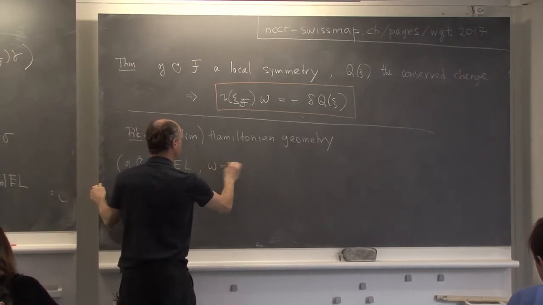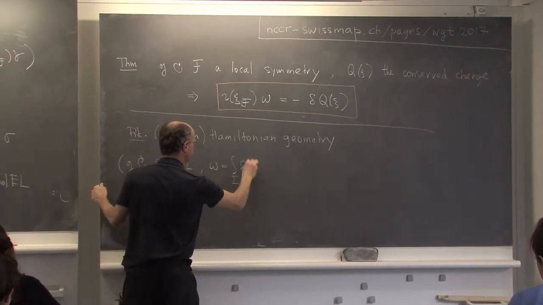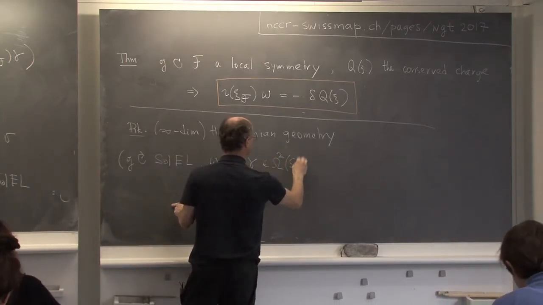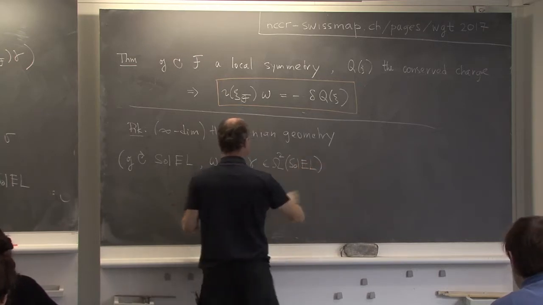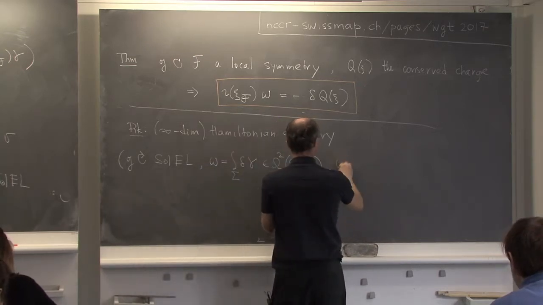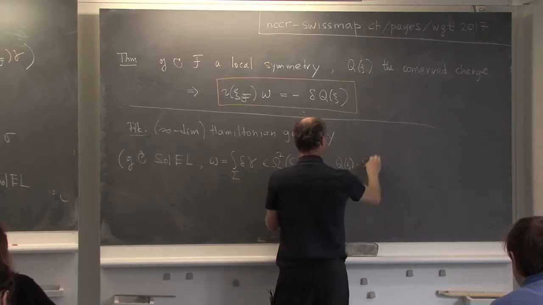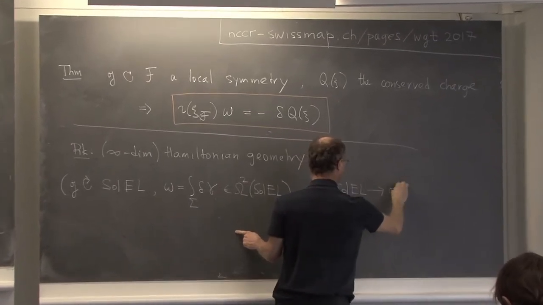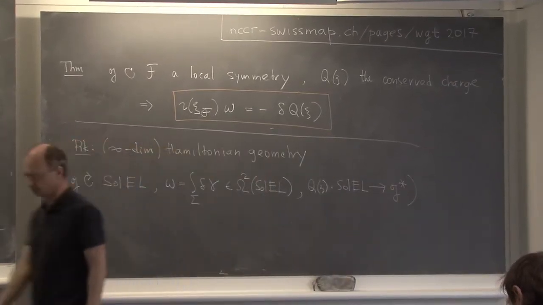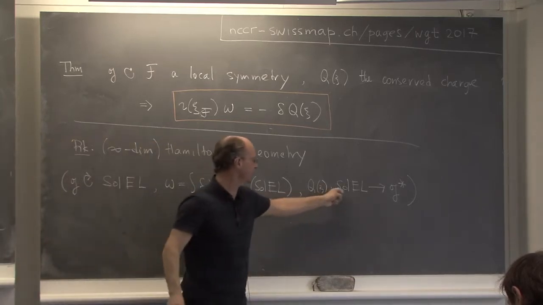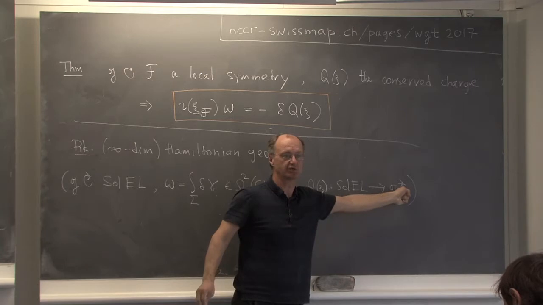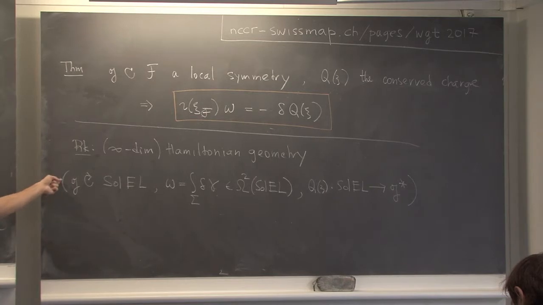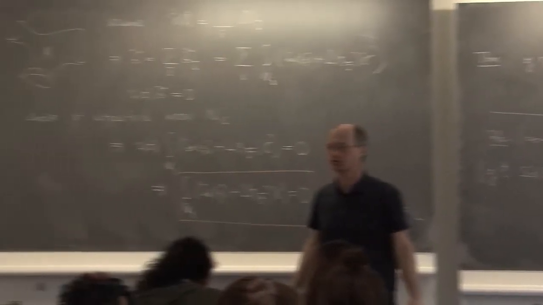We've got omega equal to the integral of sigma d gamma, which is a 2 form on Sol EL. And we have, if we think of it depending on psi, a map from Sol EL to G star, Q of psi. And this is almost a setup of Hamiltonian geometry.